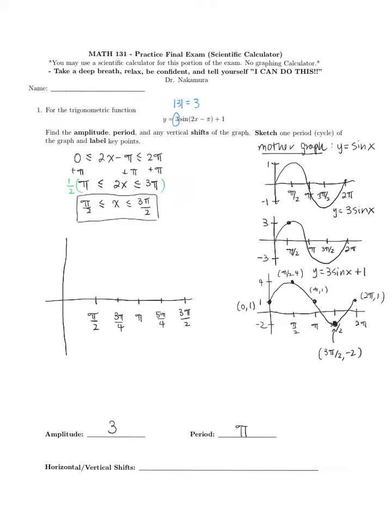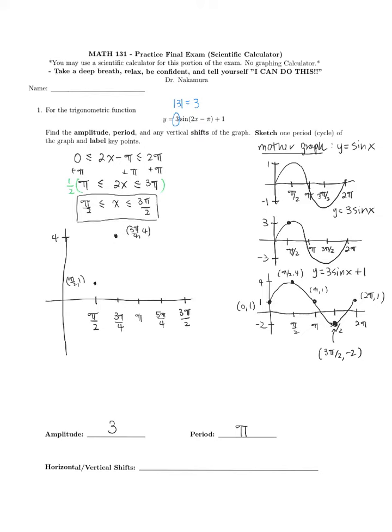Okay, so now what's going to happen is this. We're going to start out with y equals 1. So this point is going to be pi over 2 comma 1. And at 3 pi over 4, the y value is going to be 4. So here you're going to have 3 pi over 4 comma 4.